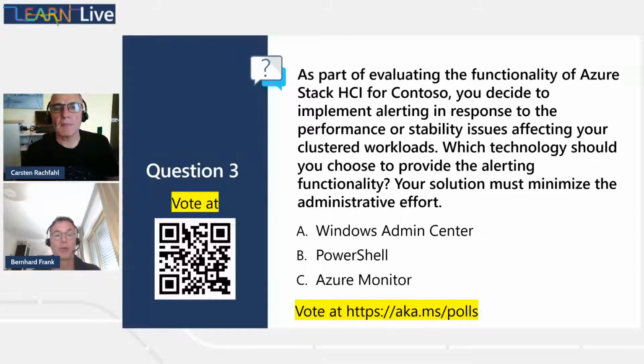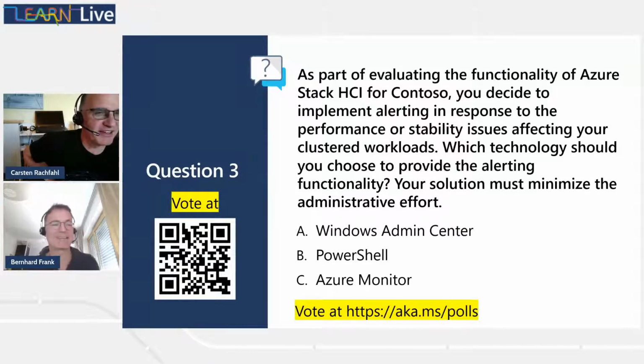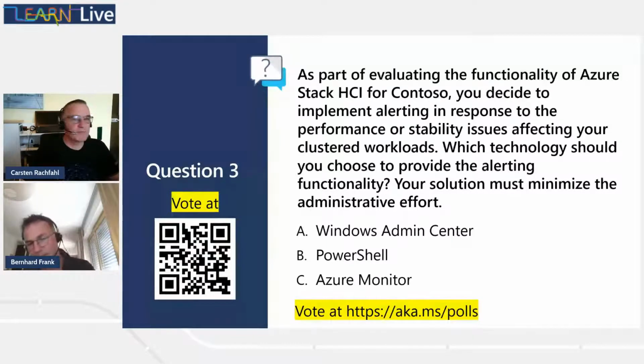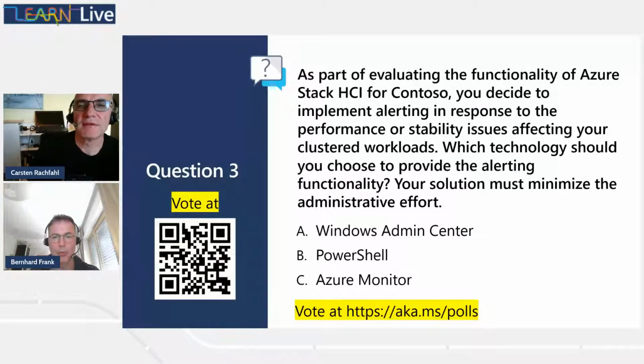We talked about that Admin Center is reactive. It's not proactive, it's reactive. You have to do the things. Other than that, I don't give you any more hints. So if you want to have active alerting, where should you go? Now it's your time for the poll.